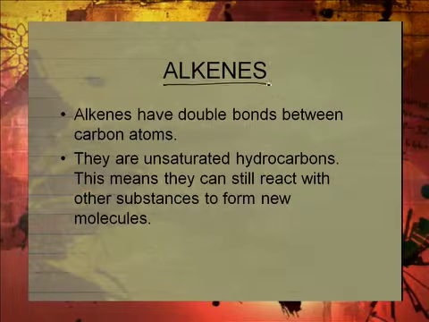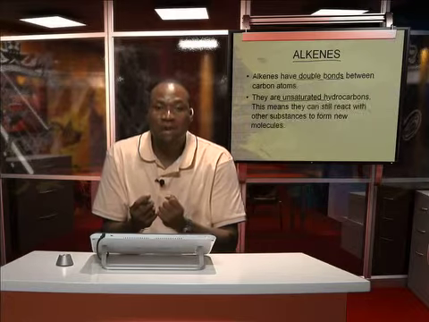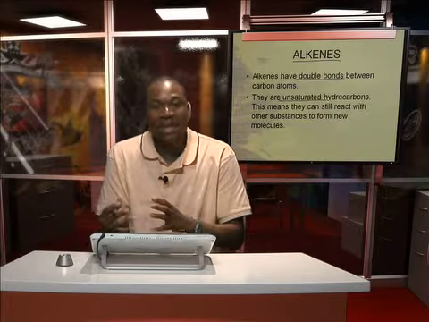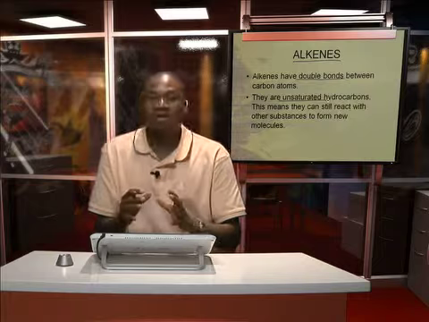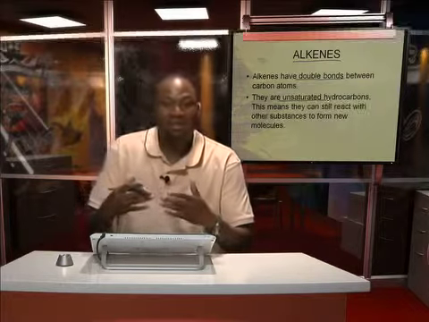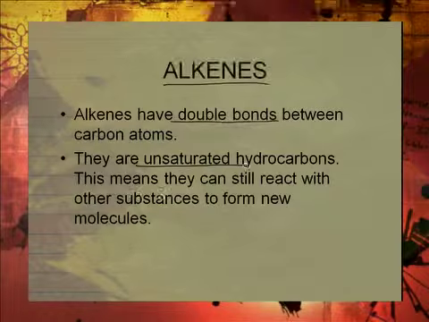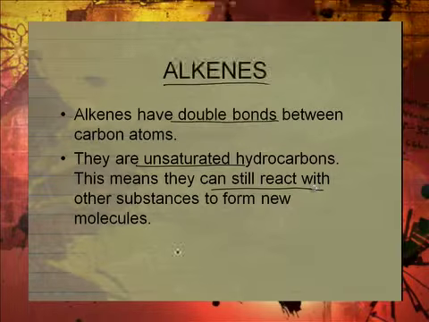Next one, alkenes, same thing. This one has got double bonds between carbon atoms, and they are unsaturated, so they can still take more. It's a taxi again, not having a full number of passengers inside it. It can still stop for more passengers along the way. So this means they can still react with other substances to form new molecules.